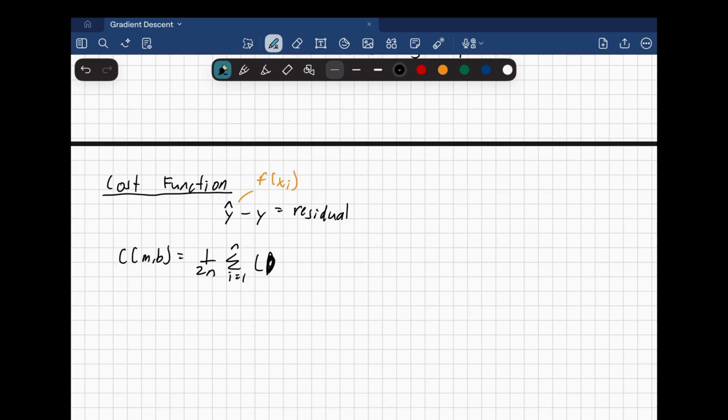I think I'll just write this as f of xi minus yi, or the actual y values, squared.